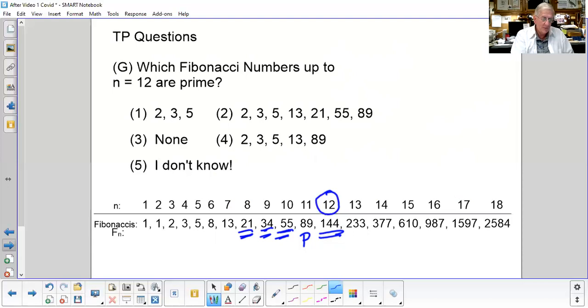So it's prime. 8, definitely composite because it's divisible by 2. 5 is definitely prime. And 3 is definitely prime. And 2 is definitely prime. So what's your correct answer? Well, 2, 3, 5, 13, and 89 are the only numbers up to n equals 12 in the Fibonacci sequence which would be called prime numbers.